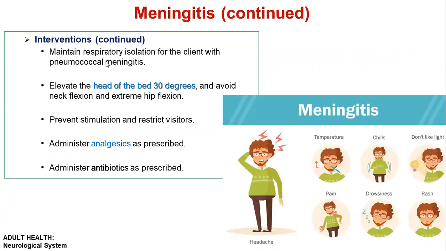What next? Maintain respiratory isolation for the client with pneumococcal meningitis. Elevate the head of the bed 30 degrees and avoid neck flexion and extreme hip flexion.